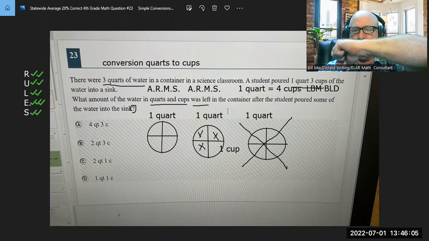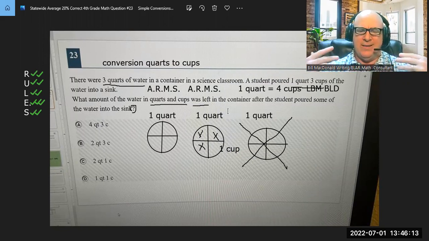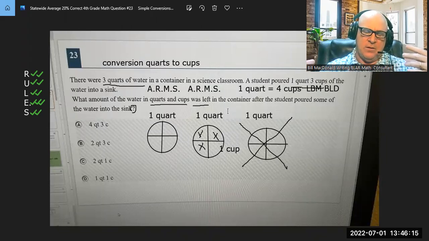Difference. You subtract. Cool. So your kids had to do multiplication and then several steps. They might have struggled with this kind of a problem, but as you can see, the only answer that matches what I've got left is the 1 quart and the 1 cup.